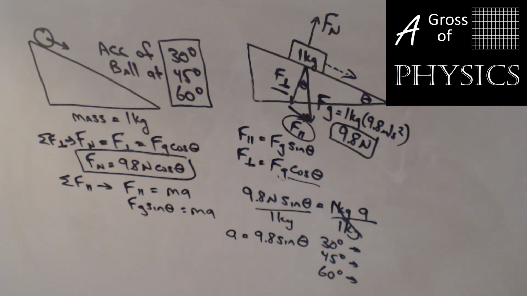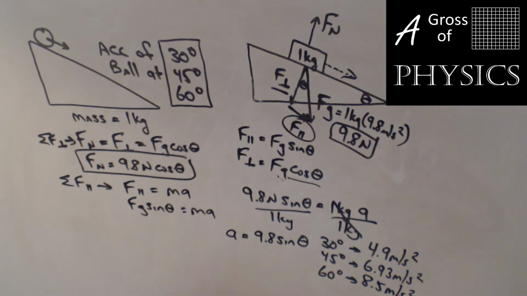But let's see. 9.8 times the sine of 30 is 4.9 meters per second squared. 9.8 times the sine of 45 is 6.93 meters per second squared. And 9.8 times the sine of 60, I bet it's the biggest, 8.5 meters per second squared.